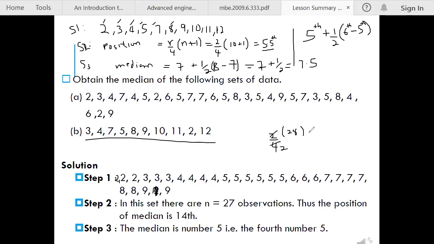So 28 divided by 2 is the 14th position. We go and look for the 14th position: 1, 2, 3, 4, 5, 6, 7, 8, 9, 10, 11, 12, 13, 14. The 14th observation is 5. Okay, so moving on.